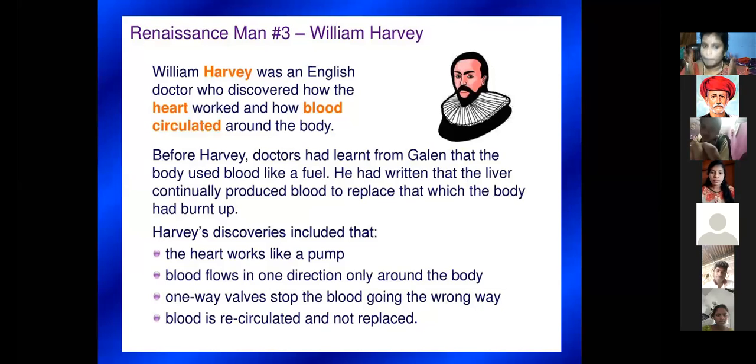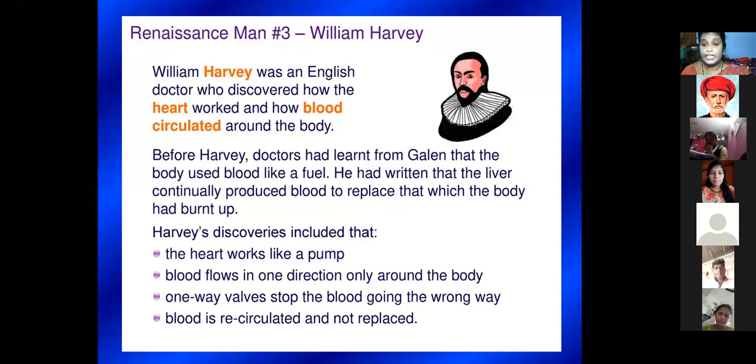The heart's main work is circulating blood around the body. That is what William Harvey explained. The heart is the main organ of every living organism. The heart sends blood through all parts of the body. This is the explanation given by William Harvey.